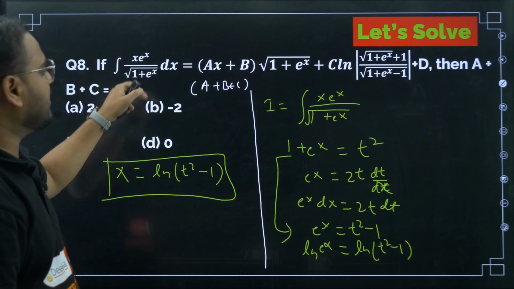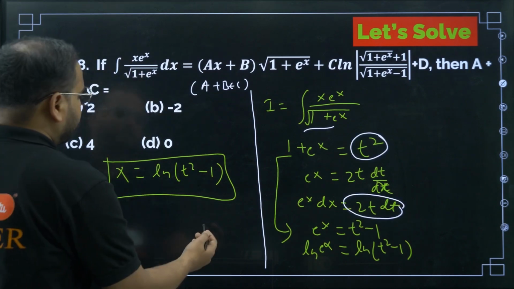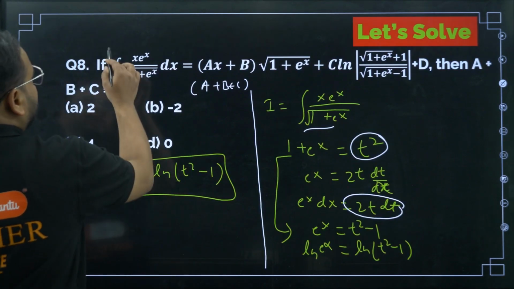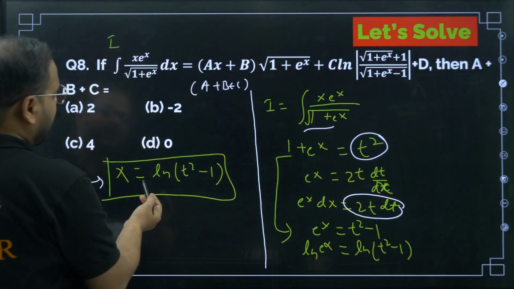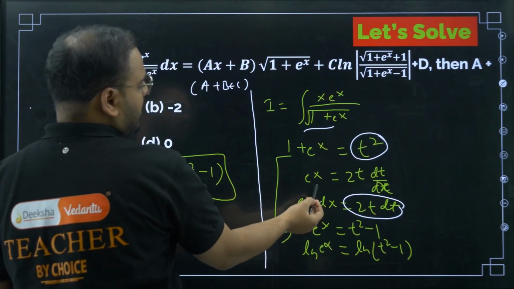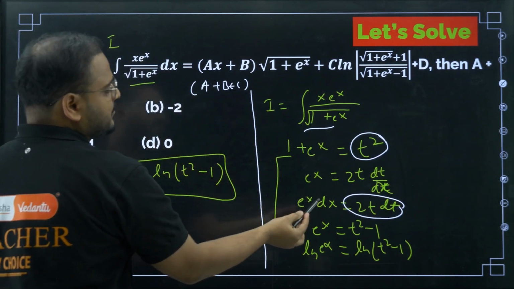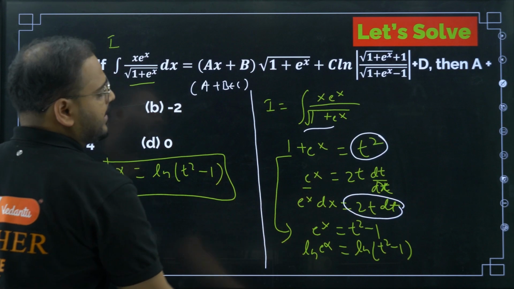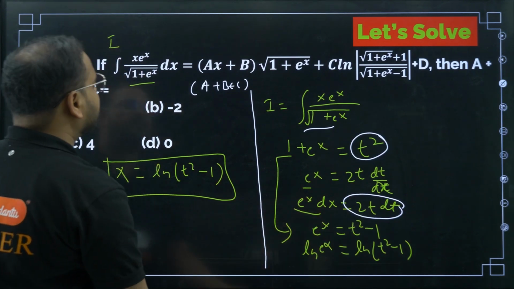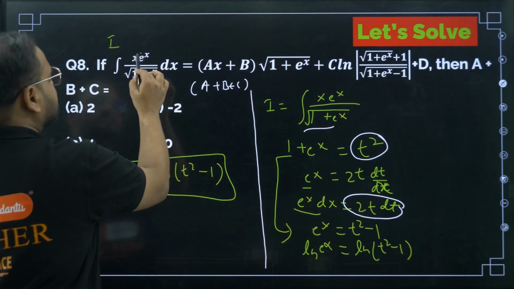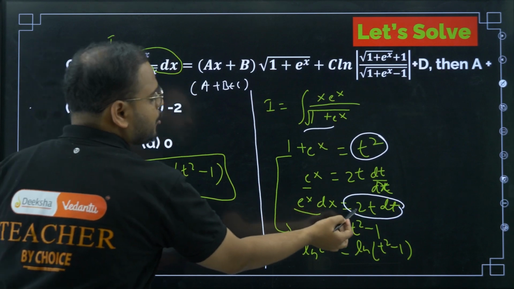I will put the values in the integration now. Please have a look. So this is my integrand I, right? I can substitute my x value in this, and 1 plus e power x I can substitute here in the denominator as t square. And e power x dx I can write as 2t dt.